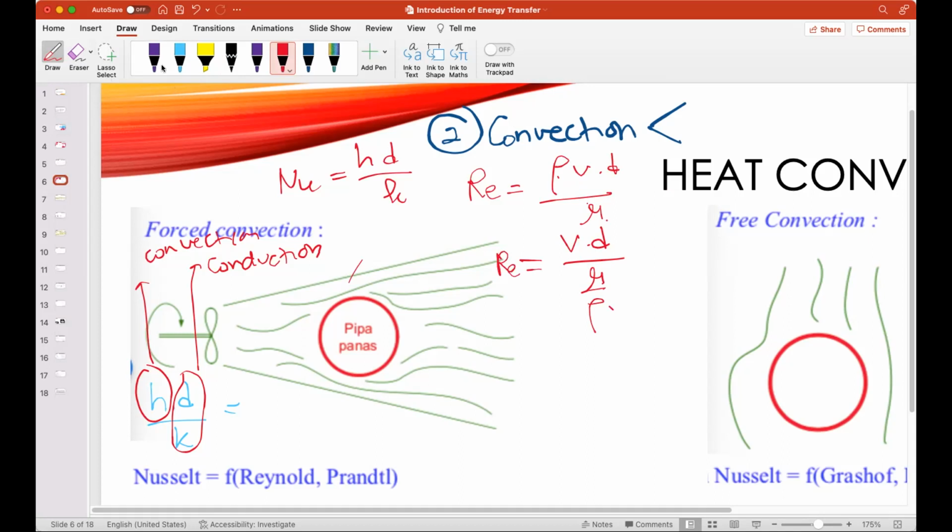And this is the momentum transferred because of the flow, divided by the momentum transferred because of the viscosity. Do you know what this one is? Mu divided by rho is called kinematic viscosity.